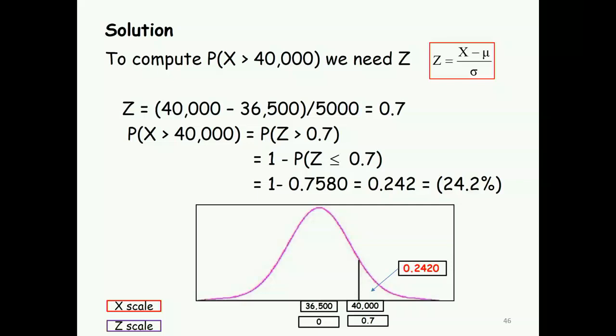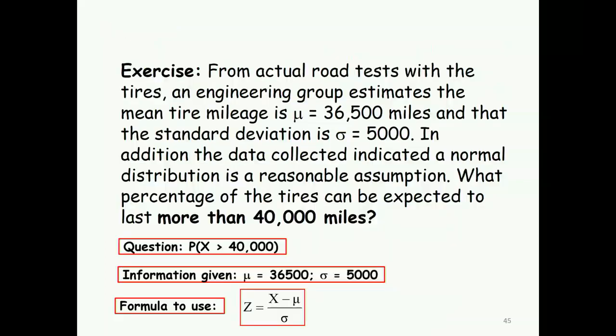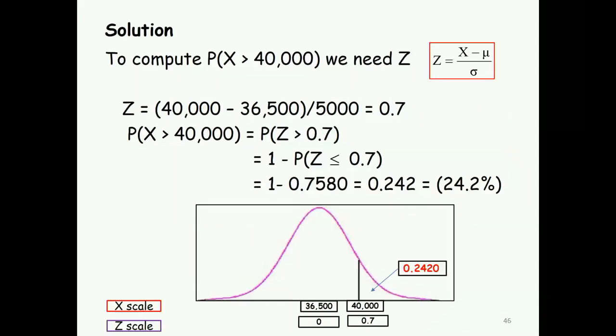So this is how I calculate 0.7. The information given is on the X scale. On the Z scale, I know that the mean is 0. Then I calculated 0.7. The question is asking, what is Z greater than 0.7? In order to find Z greater than 0.7, first I try to find Z less than 0.7, because our textbook table doesn't allow us to go to the right.